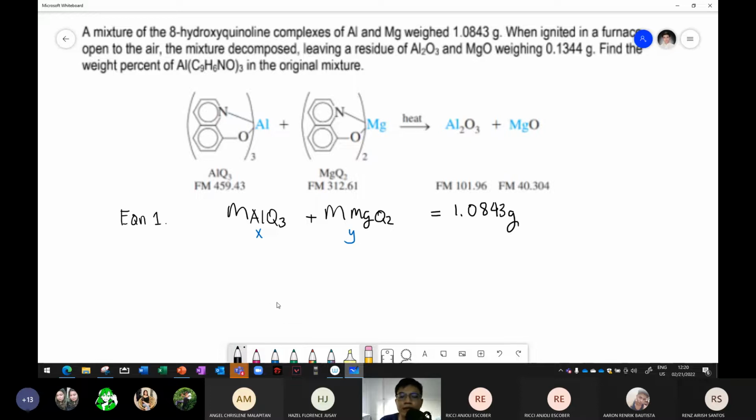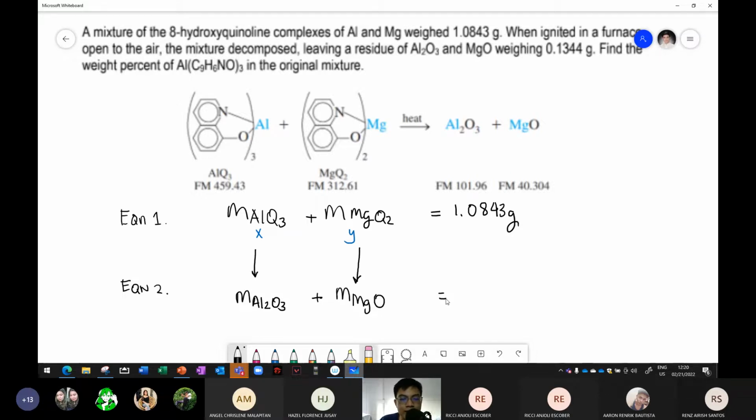And then what happened? Equation 2. So upon heating, your aluminum 8-hydroxyquinoline precipitate decomposed as aluminum oxide. Same with magnesium quinoline complex, it was converted into magnesium oxide.